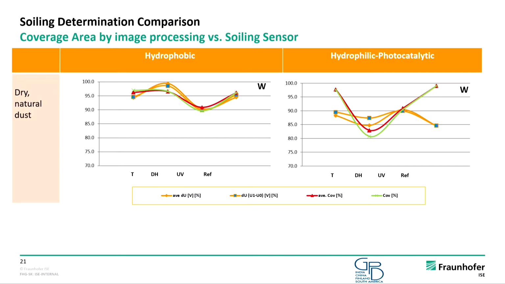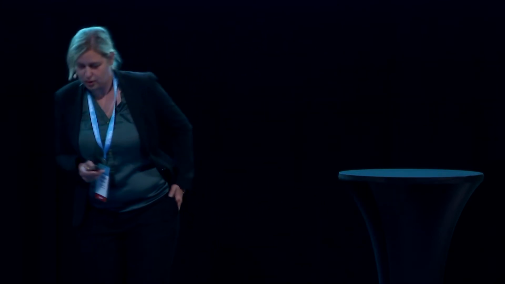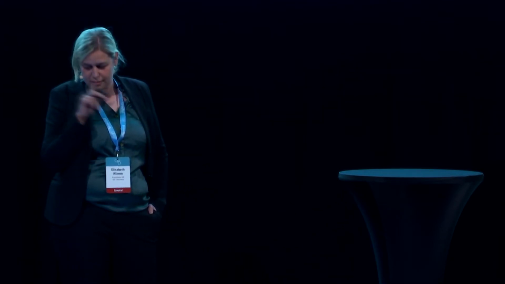If you take one glass sample, if you age that glass sample in different ways, damp heat, temperature, UV aging, or reference, no aging, you can quite well compare it here with our average voltage, or the voltage in percent, it's all percent, the difference of the voltage, as well with the coverage area, what is being calculated.